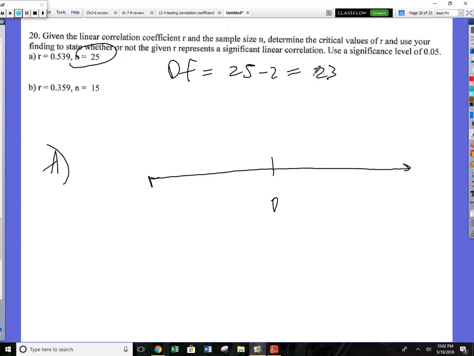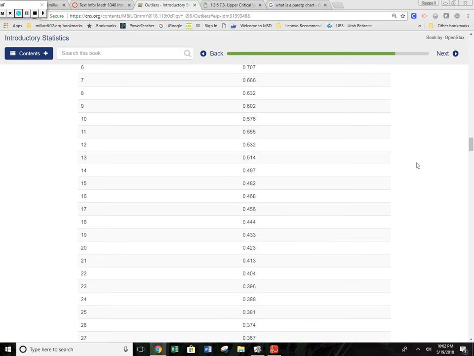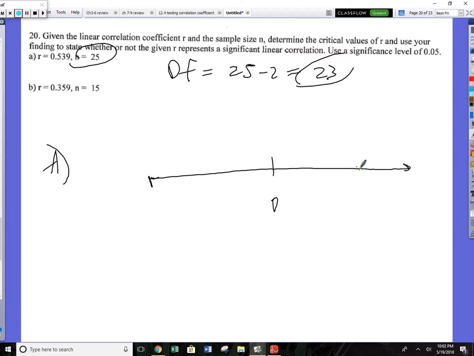So I need to look at 23. That might mess you up. Okay, 23, I'm looking at 0.396. So here we go. That means 0.396 this way, negative 0.396 this way. So there is my window.